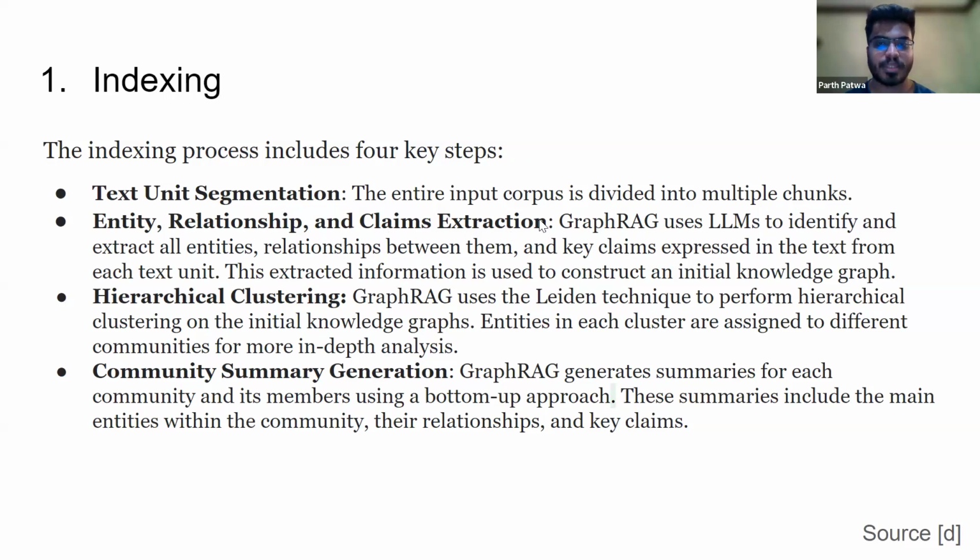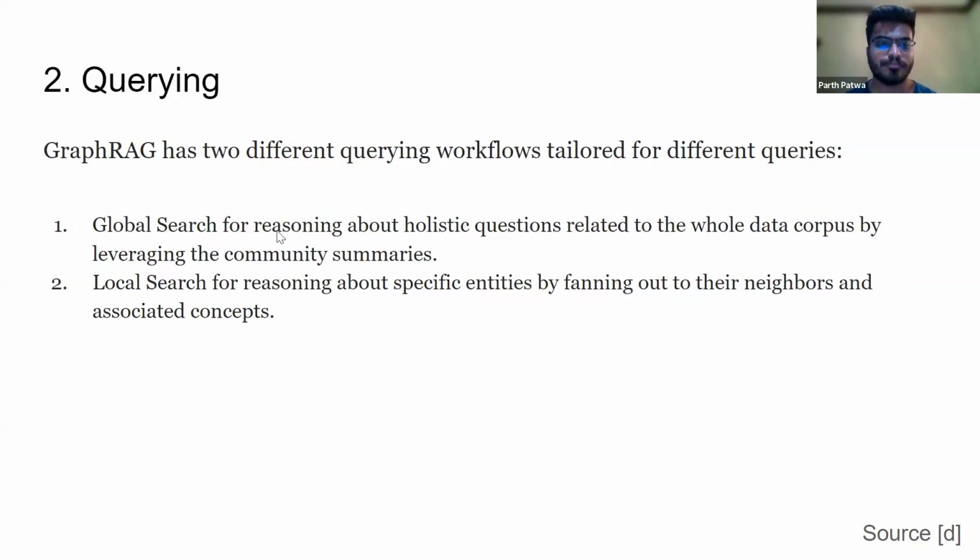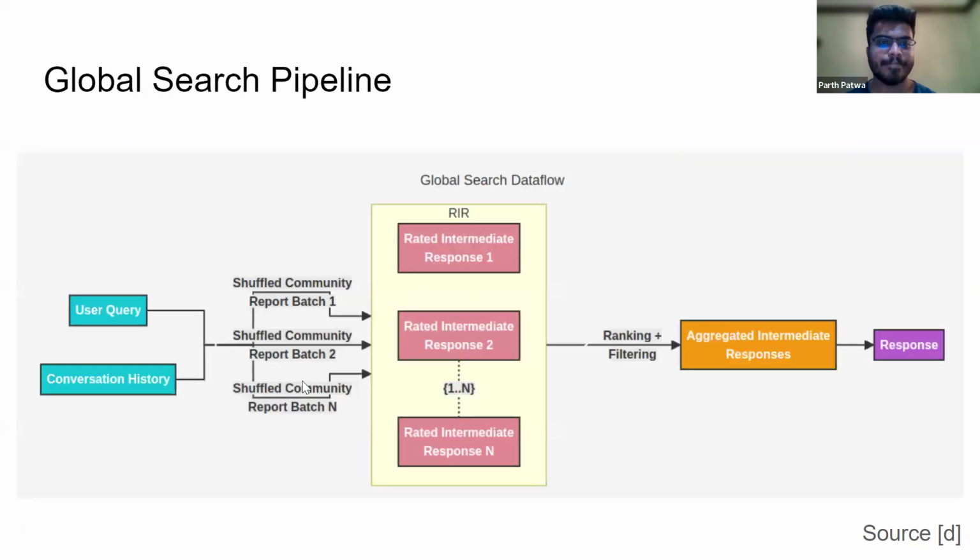I can just go over very briefly where we are using LLMs to identify all the entities, and we are constructing an initial knowledge graph, and then we are clustering based on communities, and finally summary using an LLM. So in this case, we can do global search about the whole data or the whole community, or local search specific to that particular community.